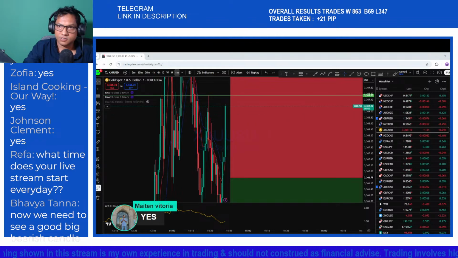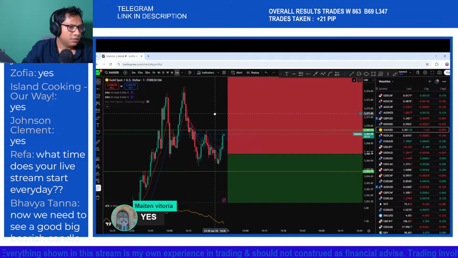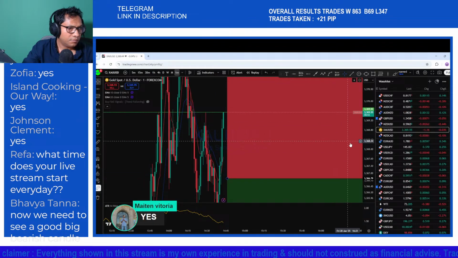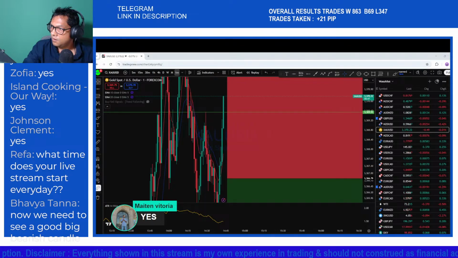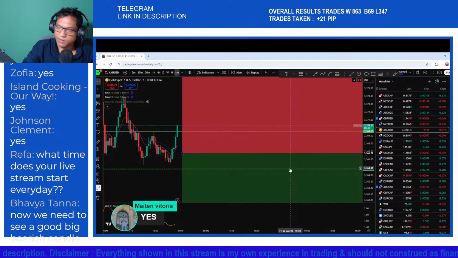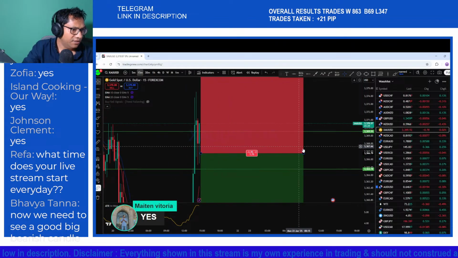So it might take us out of the trade at break even. Still on that. So I'm out at break even, guys, just 2-3 pips down, and it's pushing back up again.